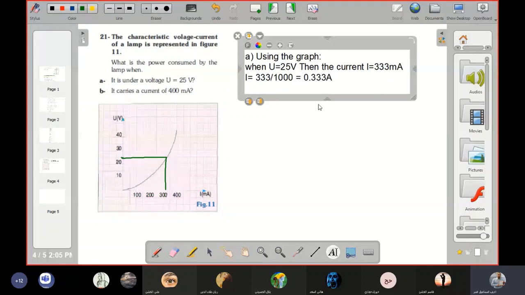How to calculate the power? Power equal U times I. Very good. Power equal U times I equal 25 volts times 0.333 ampere.